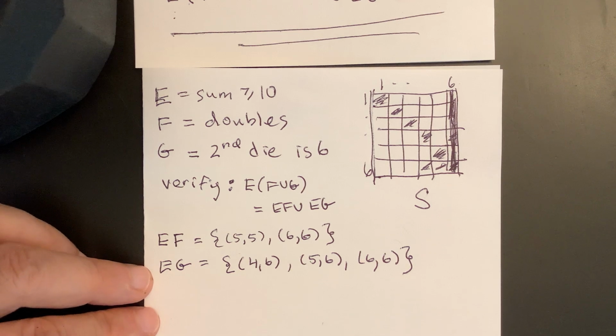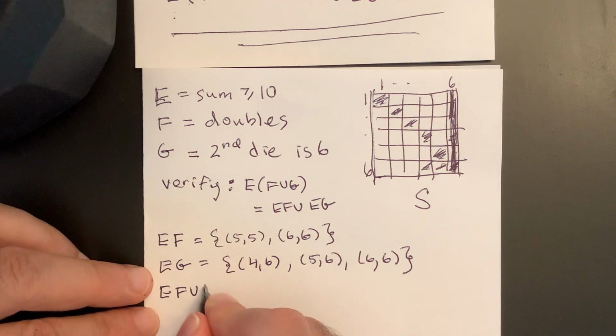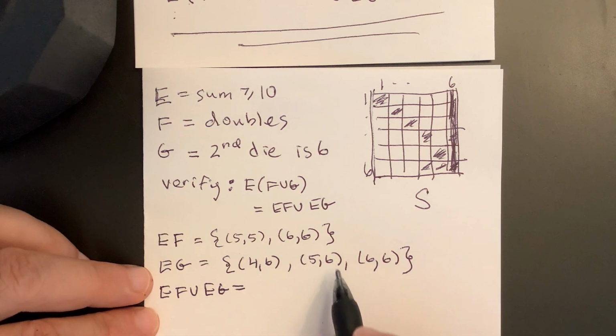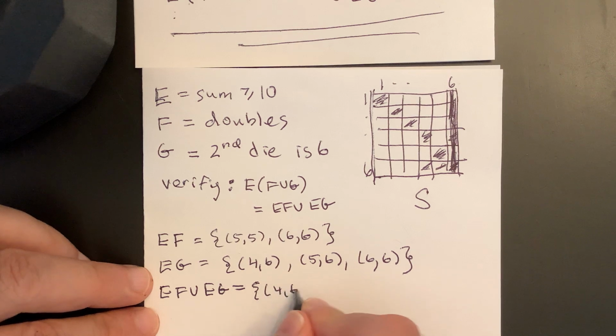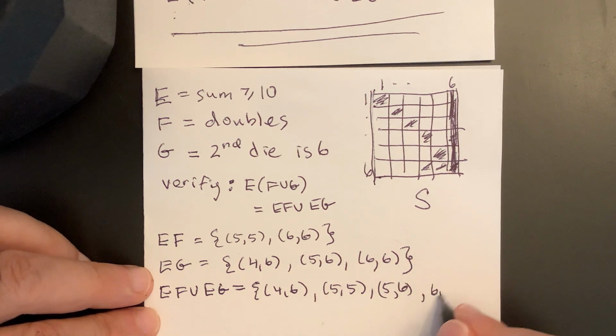So EF union EG then is anything that's in either of them, and it's just EG. This gives me nothing new, so I add the 5, 5 to EG. So 4, 6, 5, 5, 5, 6, and 6, 6.